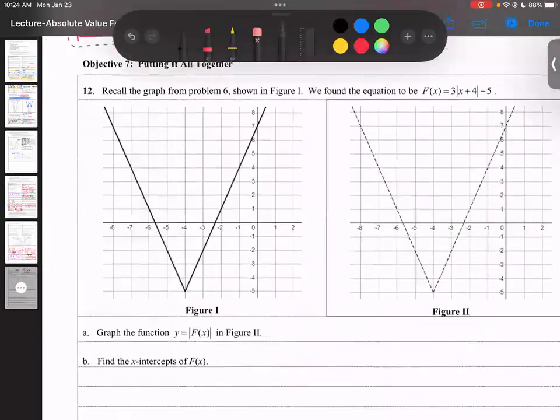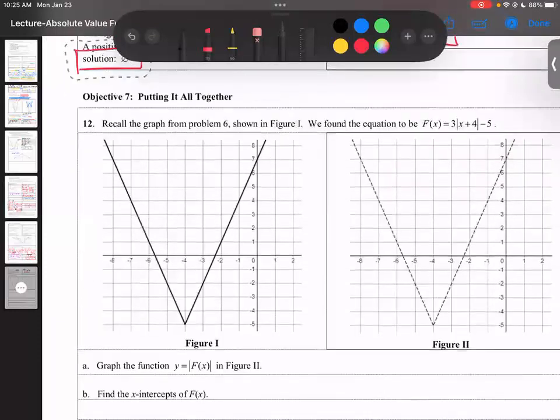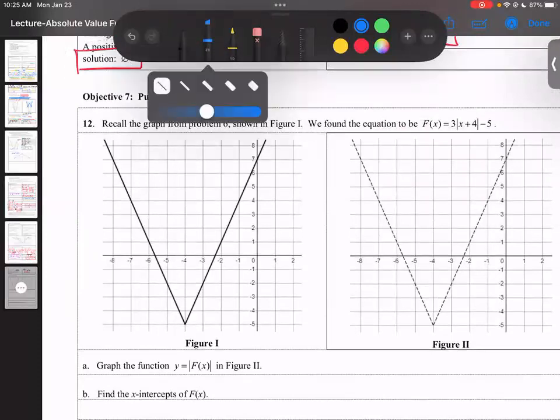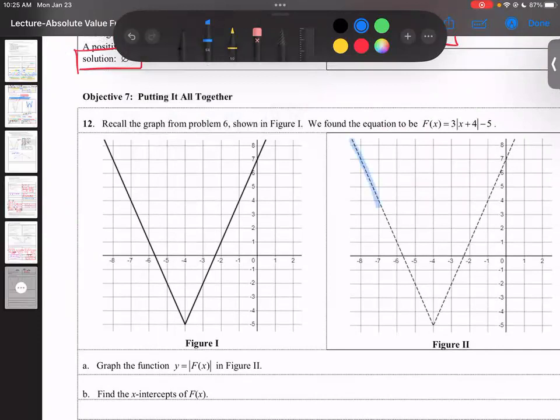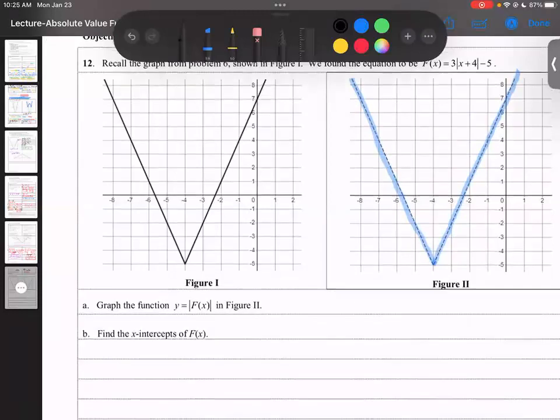Okay, let's take a look at this absolute value graph. As you can see, using transformations, you move left one, and then stretch, get a little skinnier by 3 units, and then move down 5. Find the intercept of f of x, the x-intercept.